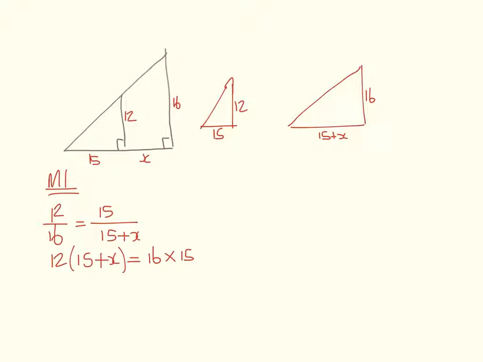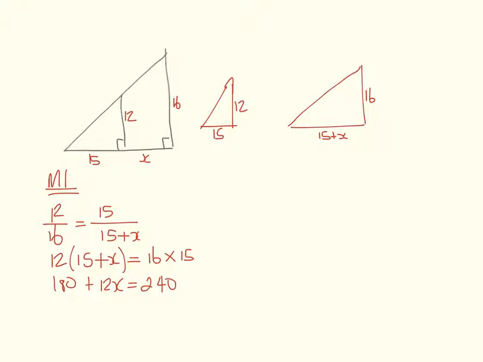So 12 times 15 gives us 180 plus 12x is equal to 16 times 15, and that gives us 240.